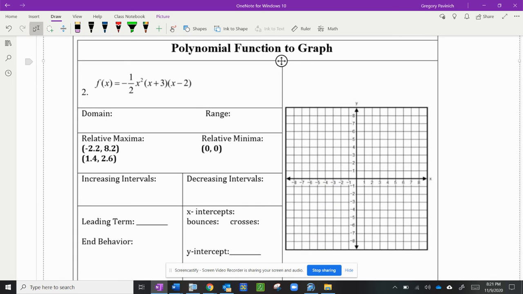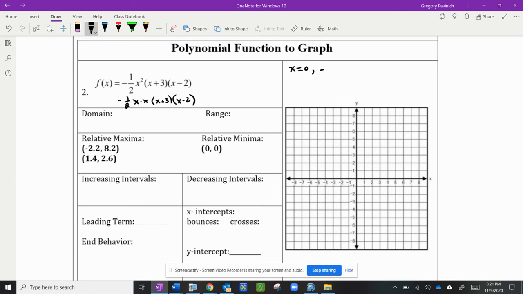Okay, my next one. This one I have another fourth degree. I should have looked at making all of these fourth degrees, but that's okay. The first thing I'm going to do is write this out as expanded form. My x-intercepts are 0, negative 3, and 2.